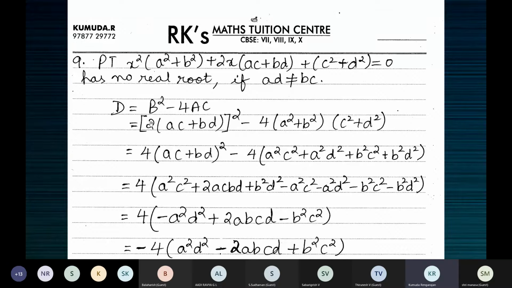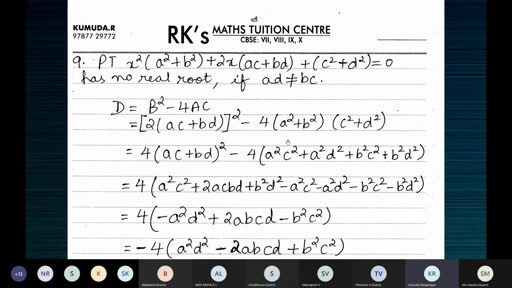Don't forget to square 2. If you just write 2 into AC plus BD and put a square here, you go wrong. In the space in the middle, write B, and what is B? 2 of AC plus BD. So make sure you don't go wrong in substituting the expressions.